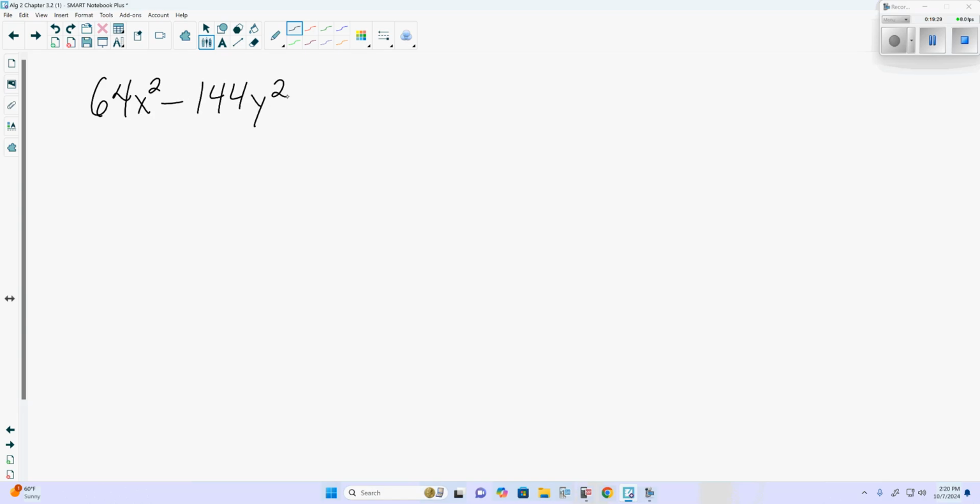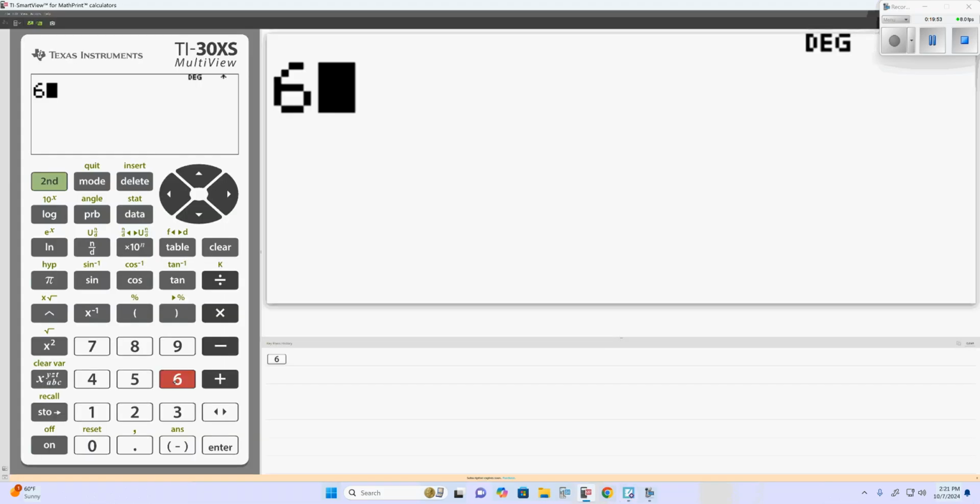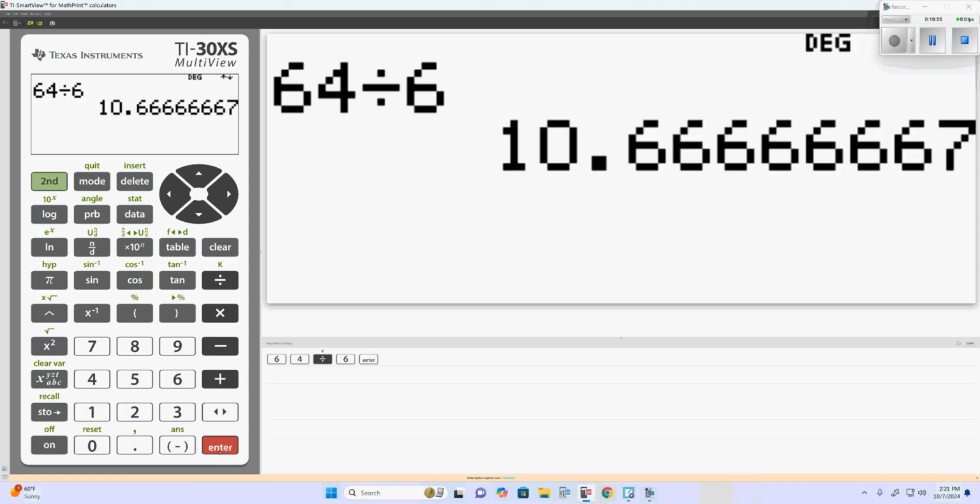I want to do one more. I want to do this one here, 64x squared minus 144y squared. It's not in your notes, I'm going to go on and add it in. Because this is the first one where we had variables show up twice, yes? Now, is there a greatest common factor between these two terms? I'm trying to remember.